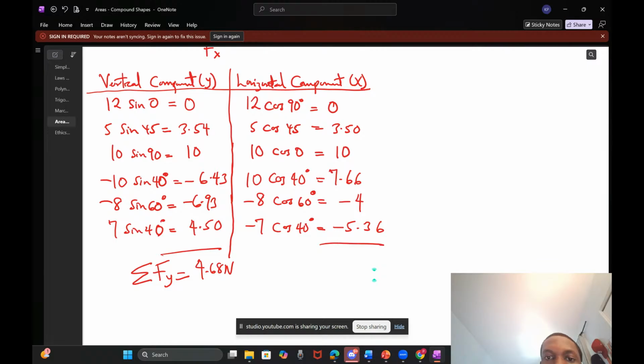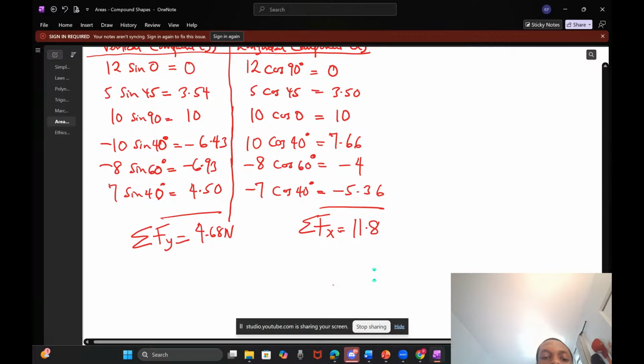So now let's find the total for the summation Fx. So we have 3.5 plus 10 plus 7.66, okay, then minus 4 minus 5.36. So this one is 11.8, okay.